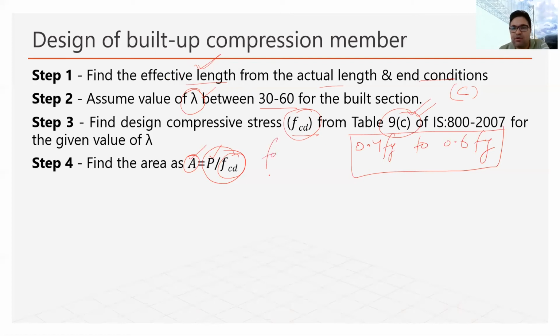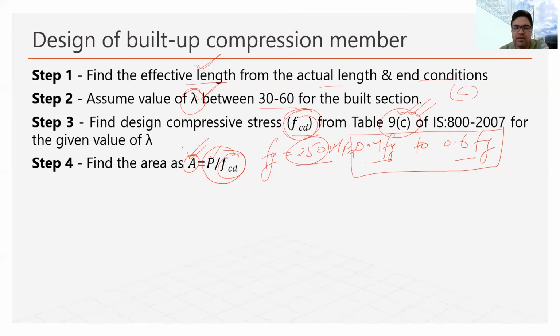In this, we will always take Fy as 250. So in our design, we are always going to take the Fy value as 250. These four steps can differ in some textbooks, but you have to understand that our main aim is to find A. Either find A by assuming the value of FCD directly between 0.4 to 0.6, or assume the value of lambda and then find the FCD value from table 9C.